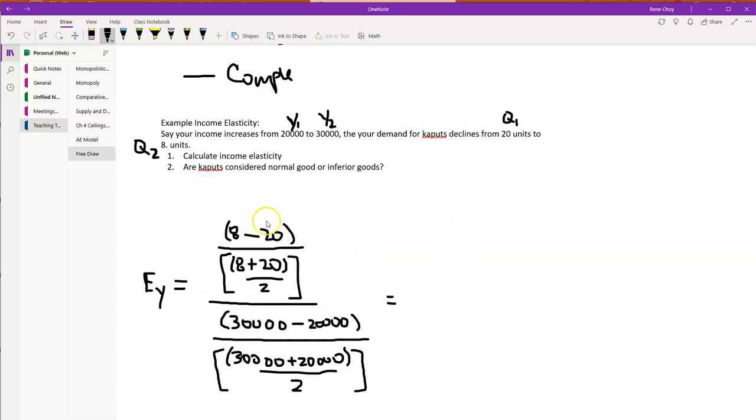The first bracket up here is going to give me negative 12. This one's going to give me 14. Then we've got 10,000. And over here, 30,000 plus 20,000 divided by 2, so we're going to get 25,000.